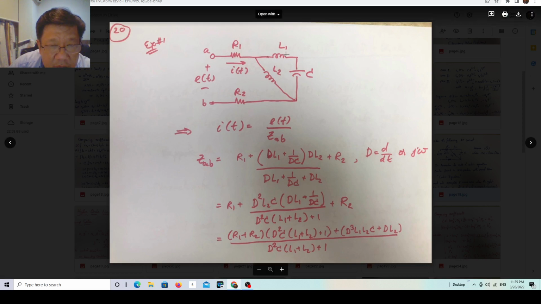We have L sub 1, an inductor, connected in series with a capacitor, and they are connected in parallel with another inductor.